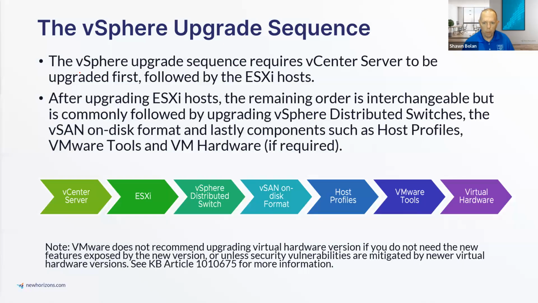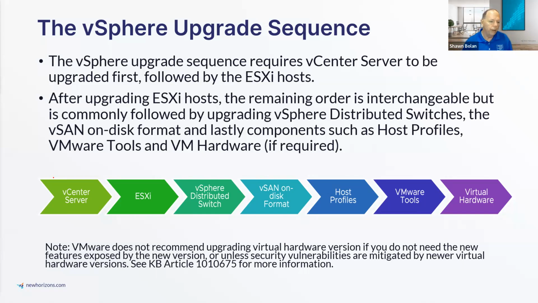Stepping back for a moment and looking at the big picture, kind of front to back. What order do I upgrade things in? Or in other words, when I'm going through my upgrade tasks, which again, we're going to focus in on some details on a few of these, what order are things prescribed in? And here, we have some very specific guidance from VMware. In other words, it has to be done like this.